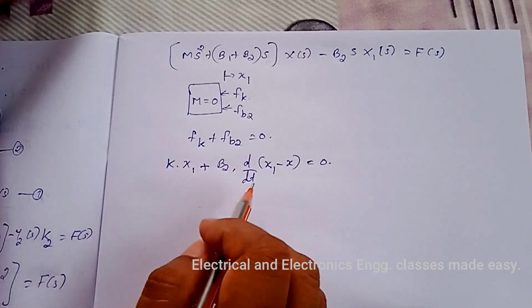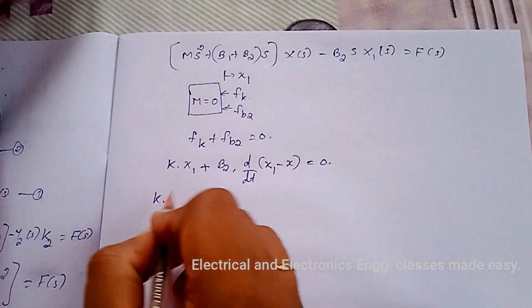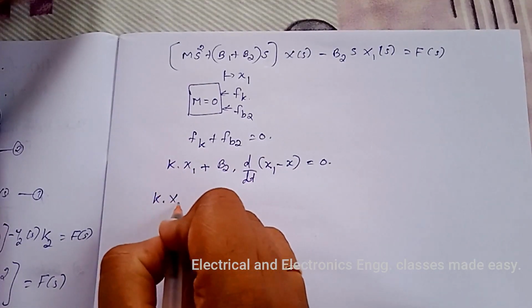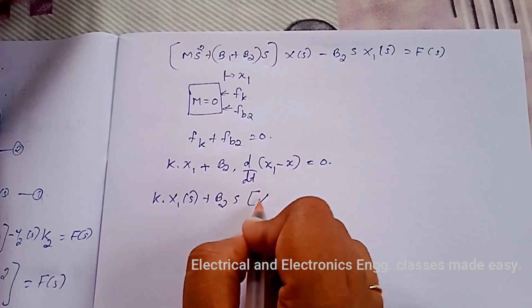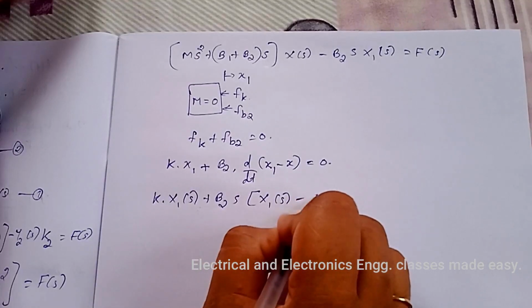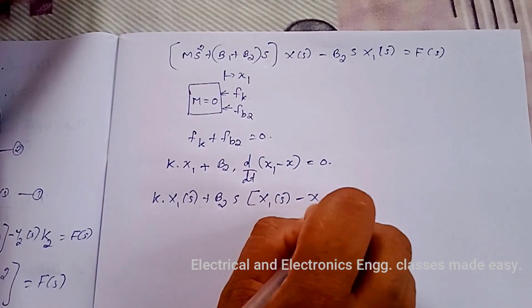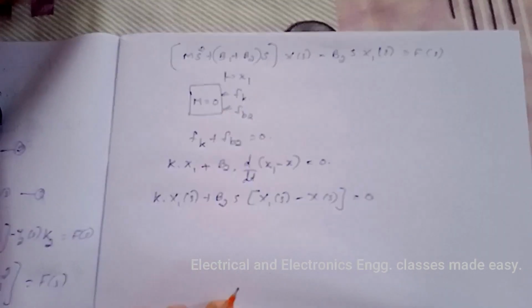Now take the Laplace transform, that is k into x1 of s plus b2 s into x1 of s minus x of s equal to 0.